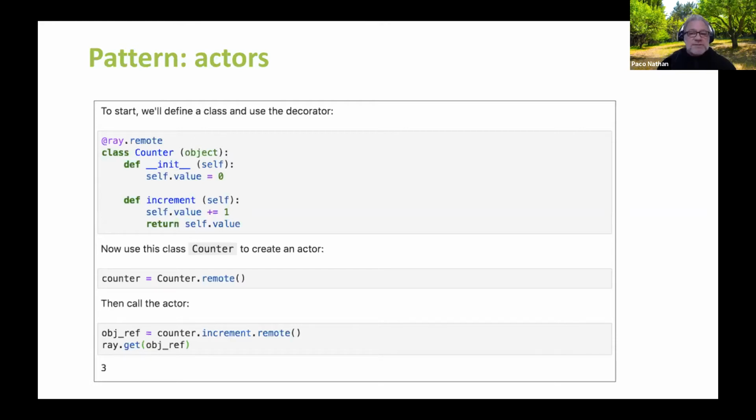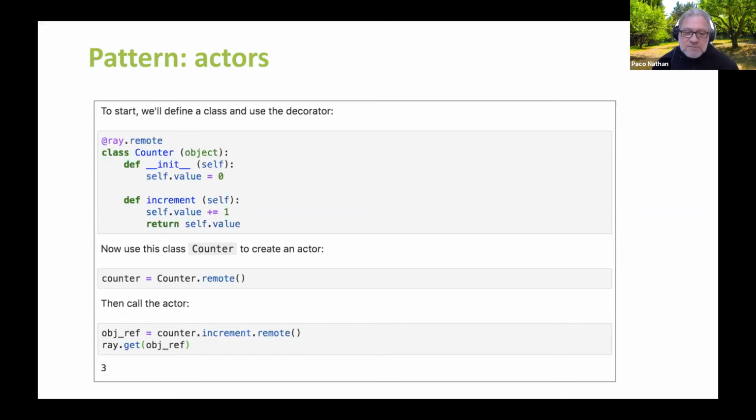So the usage for this is very similar to what we saw before with remote functions. With actors, instead, what you do is you initialize the object, you say Counter.remote, and that will return back the actor itself, right? The handle to the actor. Then what you do is you use that to call a method.